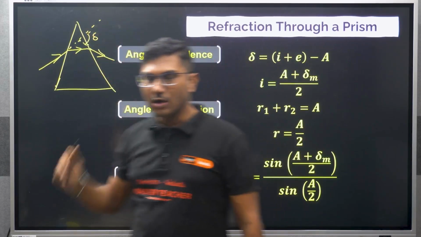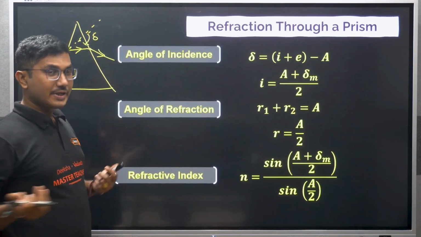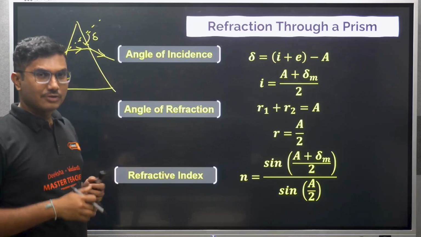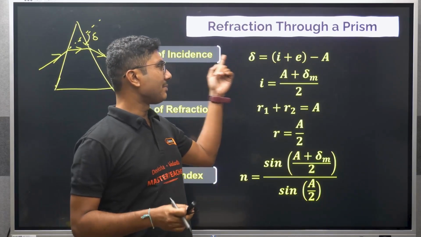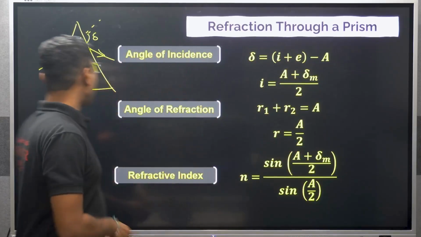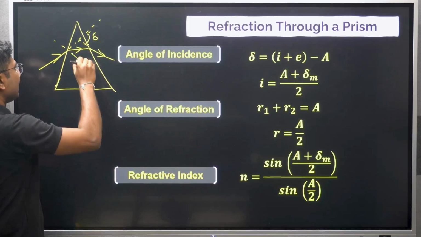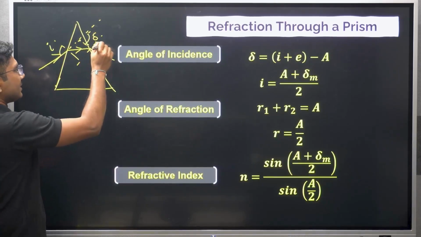The angle between the original path and the final direction is called the angle of deviation. The general formula for the angle of deviation is delta equals i plus e minus A. i is the angle of incidence, and e is the angle of emergence.